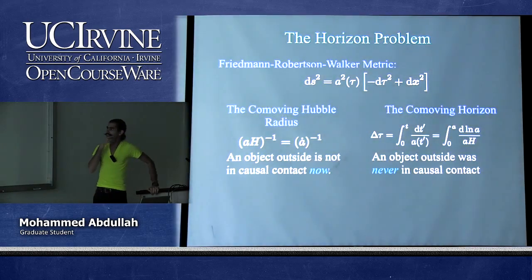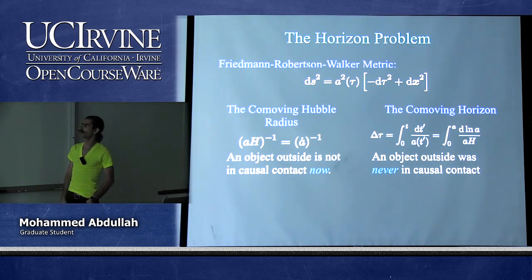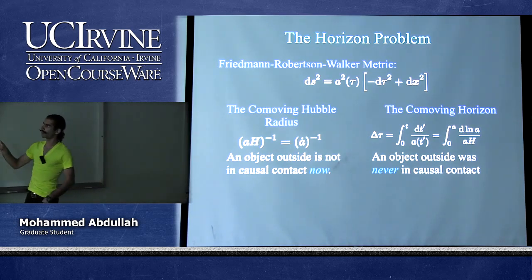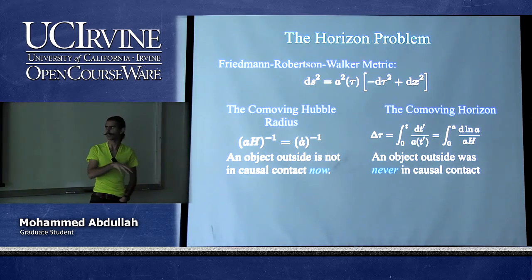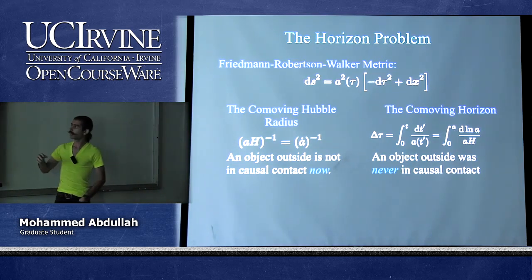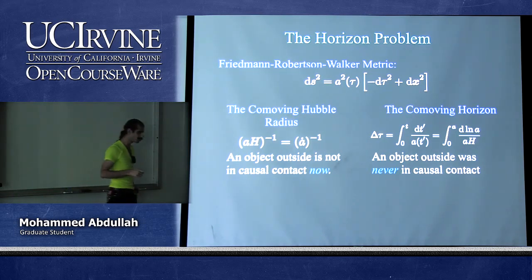So to put it in context, let's use a little bit of math. So we take, as usual, in our universe, the FRW metric. There are two important quantities we define. One is the co-moving Hubble radius, which tells you what things are within your causal contact. If you integrate this quantity over some time, then you get what's called the co-moving horizon.